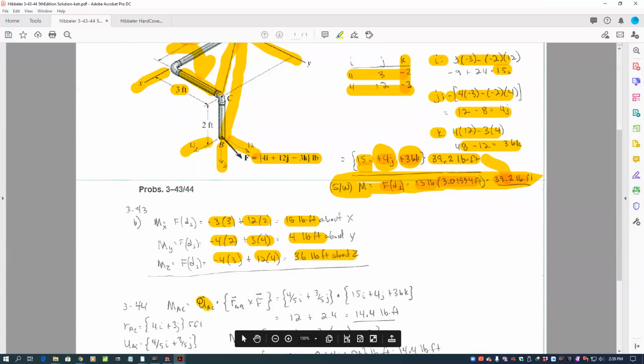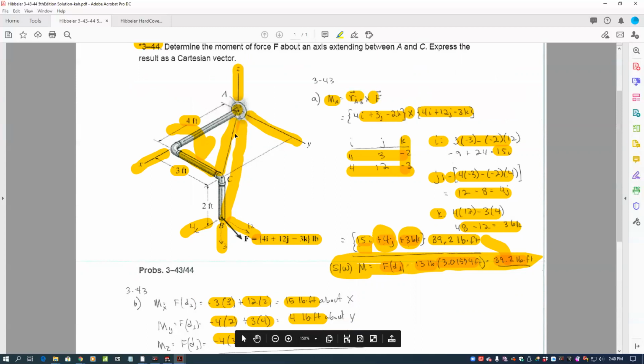We get the unit vector of that axis AC, dot product with our moment vector. The position vector from A to C is 4i and 3j, so 4 in the x and 3 in the y.